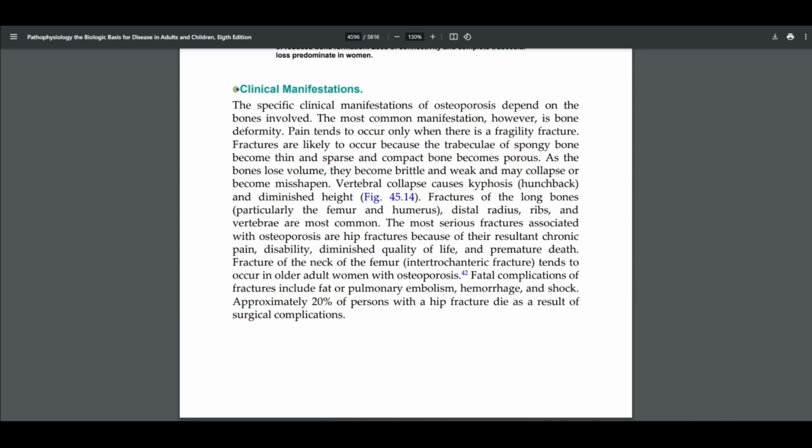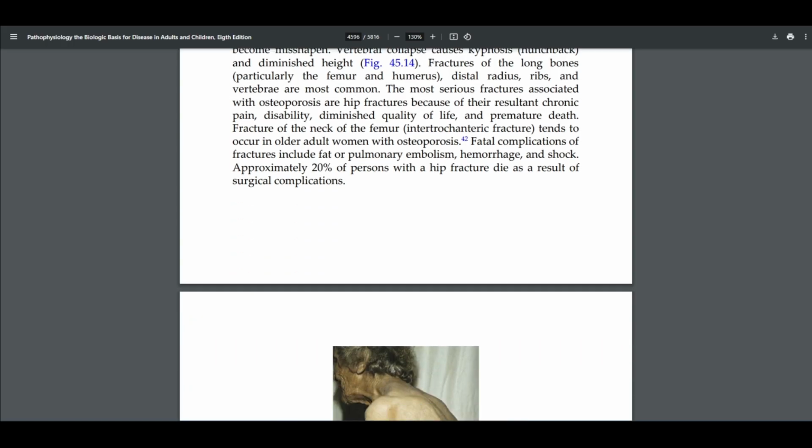Fracture of the neck of the femur tends to occur in older women with osteoporosis. Fatal complications of fractures include fat or pulmonary embolism, hemorrhage, and shock. Roughly 20% of people with a hip fracture die as a result of a surgical complication.